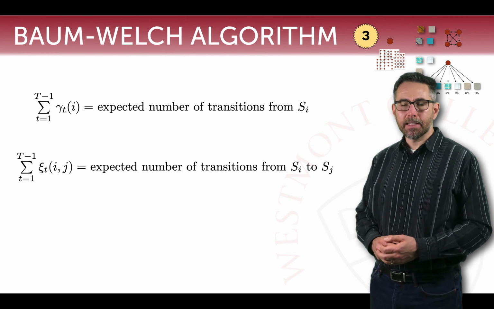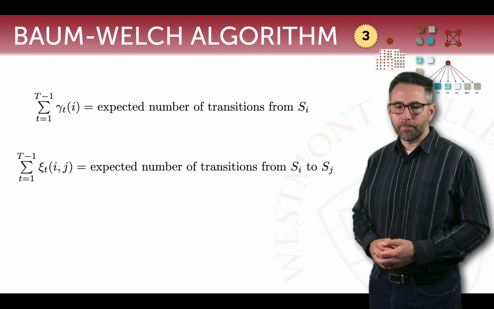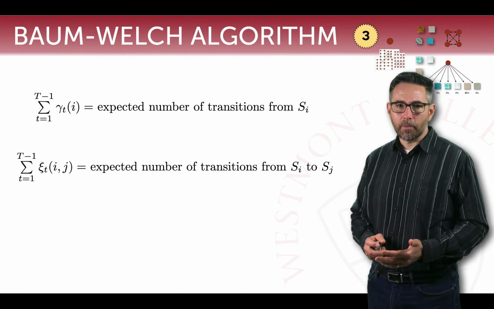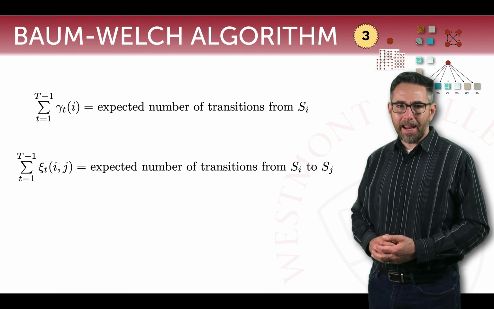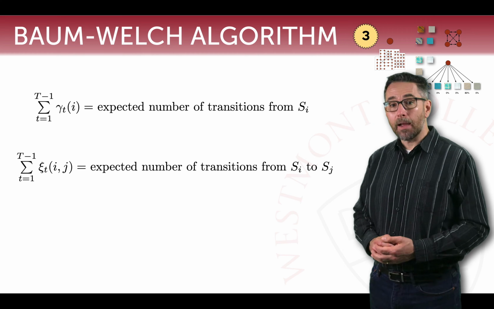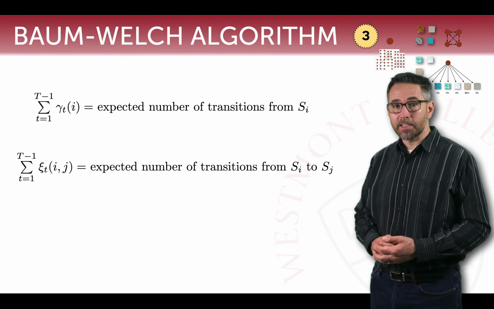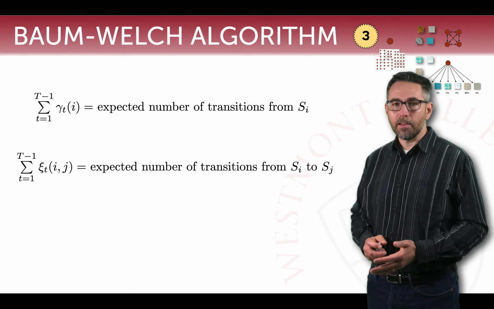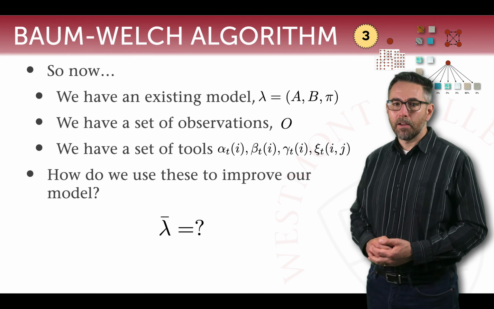How many times are we in state i and moving out of it? And then xi t, summed over the same range, is the expected number of times we transition from si to a specific sj. These are helpful quantities for us.